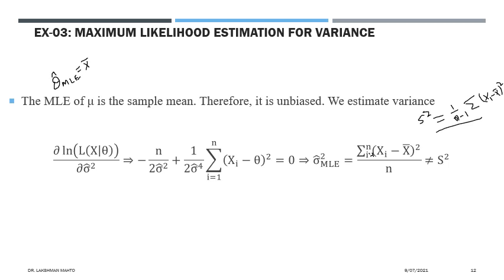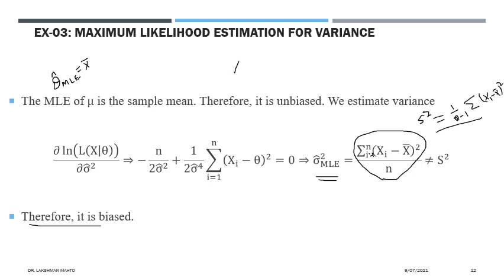But through this maximum likelihood approach, we are getting another kind of sample variance, which is not equal to s square. So the estimator for variance from maximum likelihood is not unbiased. It is a biased estimator, so it is not a good estimation.